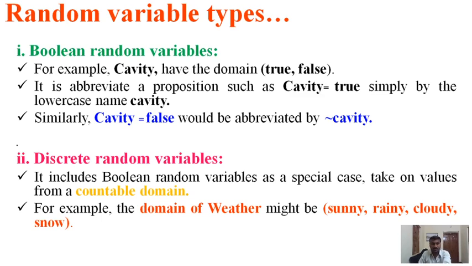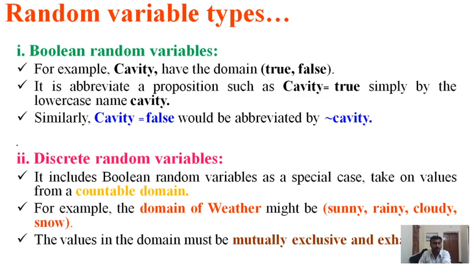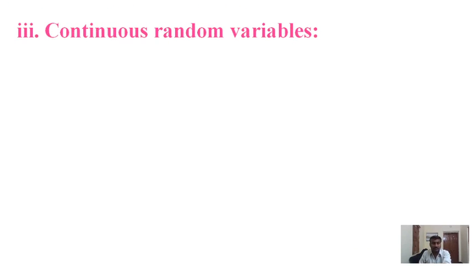This concept comes under discrete random variables, and the values in the domain must be mutually exclusive and exhaustive. So this is the second type of random variable.